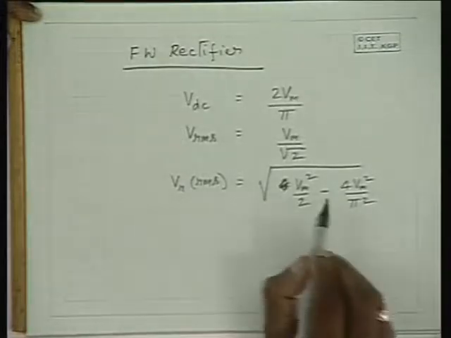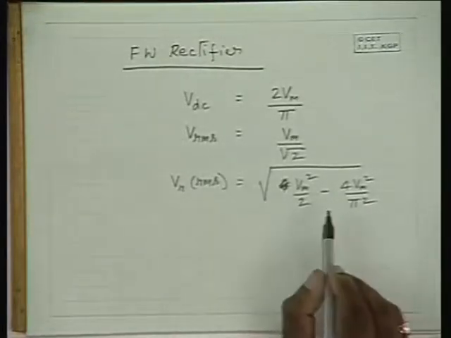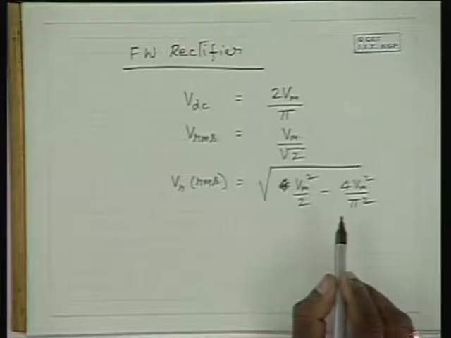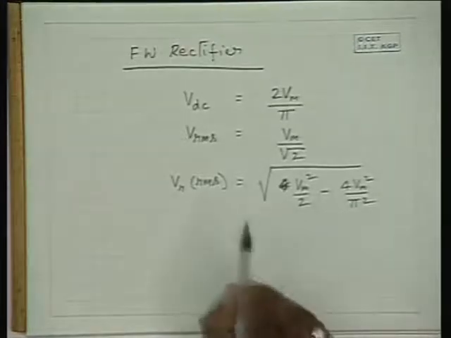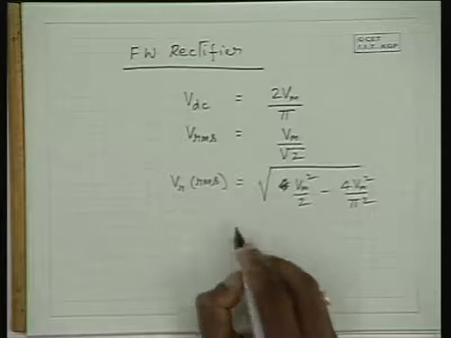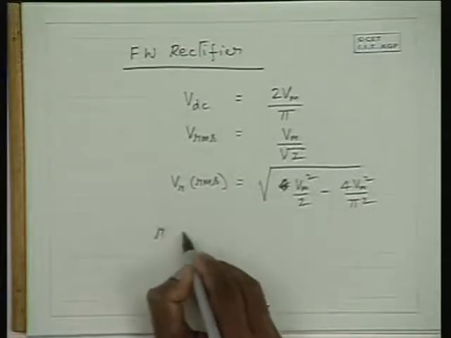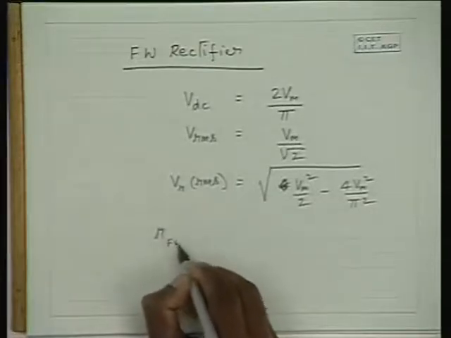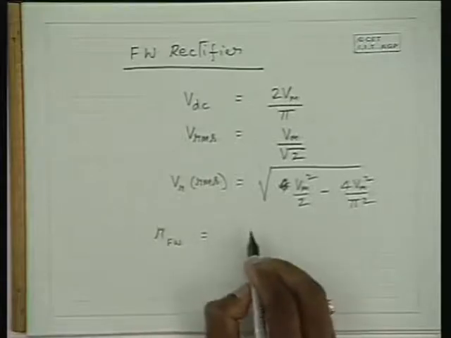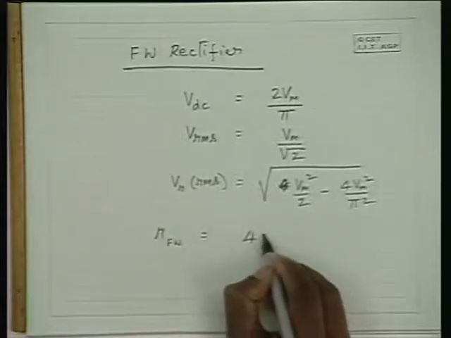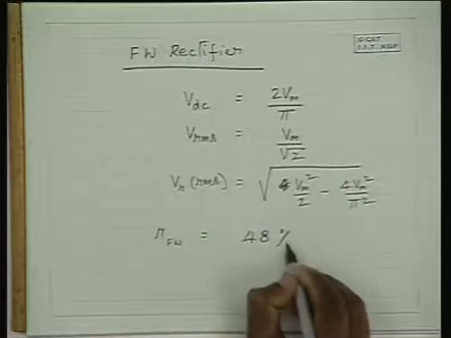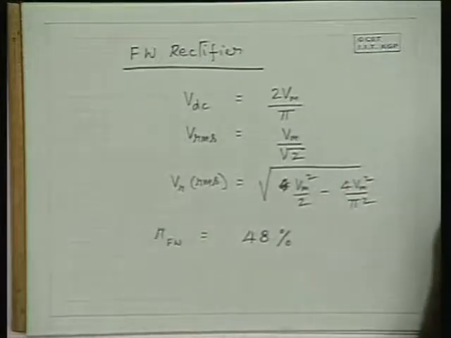If you divide it by the DC value, you get the ripple factor for a full wave rectified waveform as 48%, which is much lower than that of the half wave rectified waveform.